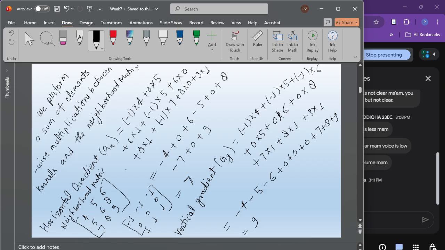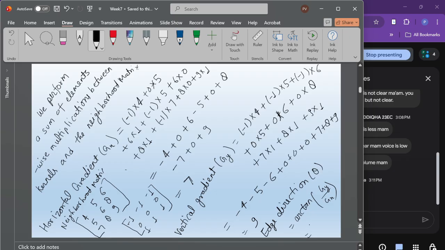Okay. So now next, if you want to find out the edge direction as well. The edge direction, that is also called theta, is calculated by arctan gy divided by gx.